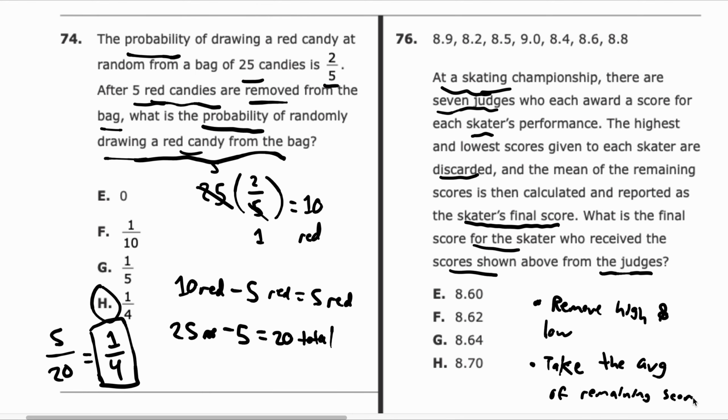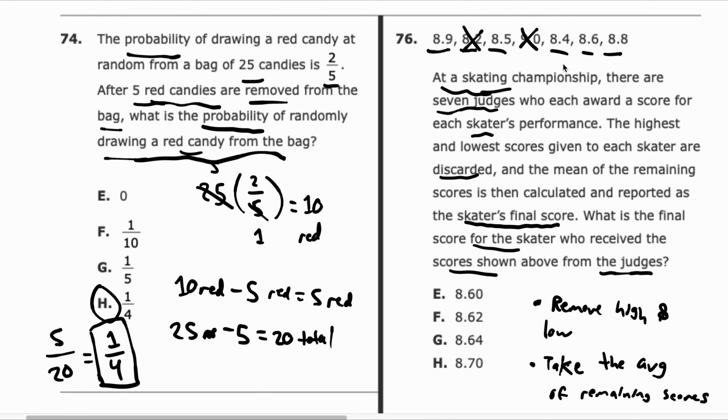Okay. So let's look at the 7 scores we have here. So first we're going to start by removing the min score, which is 8.2, I think. And then the max score in this case would be 9.0. All right, and now we have these 5 scores, and we need to average them to get our final score.